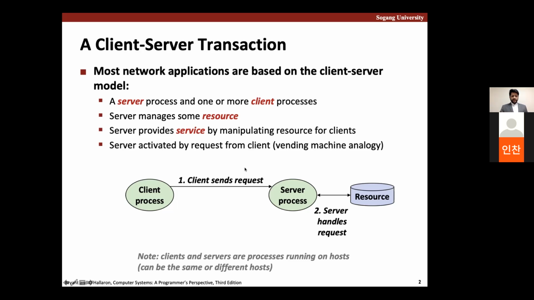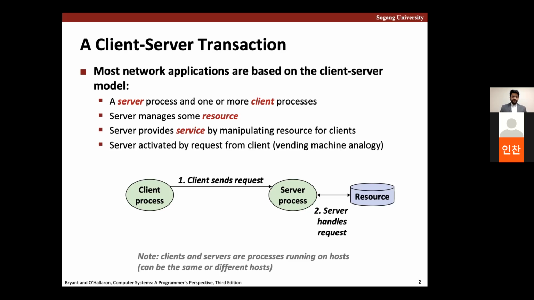In the second step, the server receives the request, interprets it, and then manipulates its resources in an appropriate way. For example, the web server receives a request from the browser and reads a disk file. So it's handling the request and doing the appropriate action.